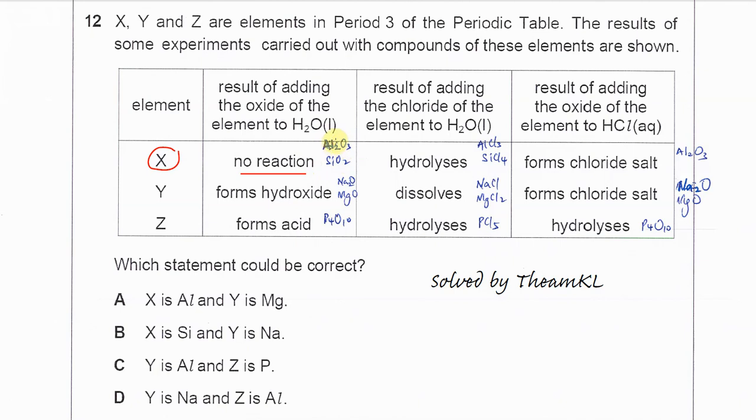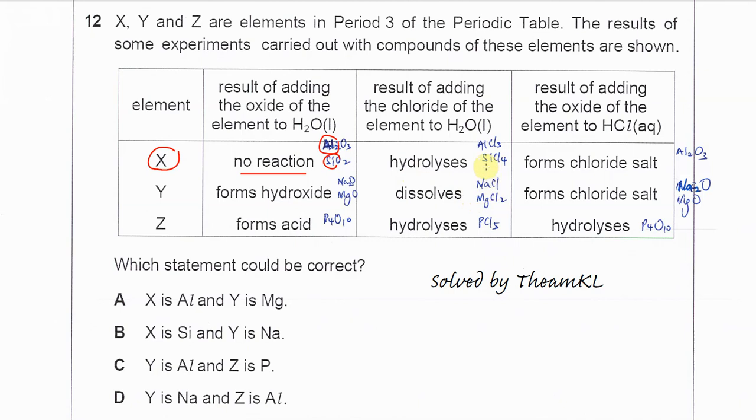Okay, if we know it's aluminum or silicon, how about the chloride? Aluminum chloride and silicon tetrachloride, both will hydrolyze in water. There is a difference between hydrolysis and dissolution. Like sodium chloride, it dissolves in water, but when the water is removed, the sodium chloride can reform.